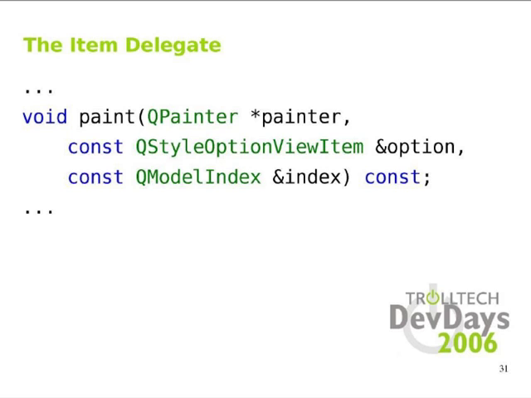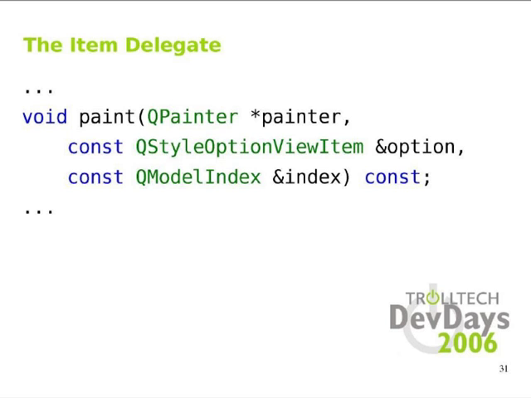So what do we have here as arguments? Obviously, we have a pointer to the QPainter that's being created in the paint event of the view. We also have a reference to something called a style option structure, which contains information about the state that we're going to paint. For example, if the item is selected, if it's current, things like that.